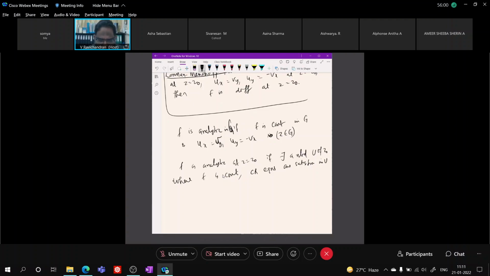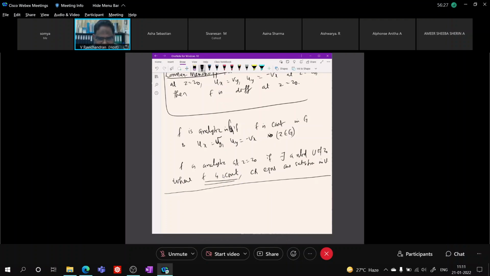So the CR equation should be satisfied in U, and continuity should be there at all points in U. So these two things are needed. If the CR equation is satisfied and there is continuity at only one point, it will imply only differentiability at that point, not analyticity. For analyticity, we need all these things to be true in some neighborhood. That is what you should remember carefully.